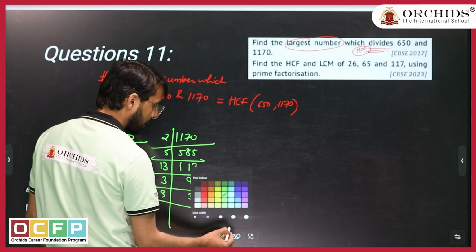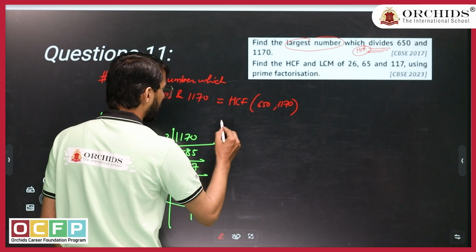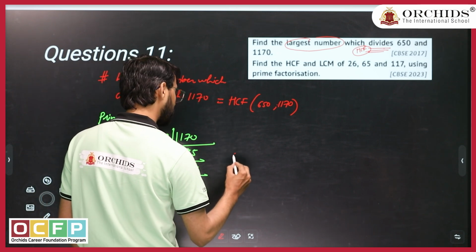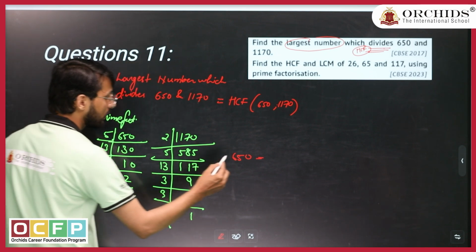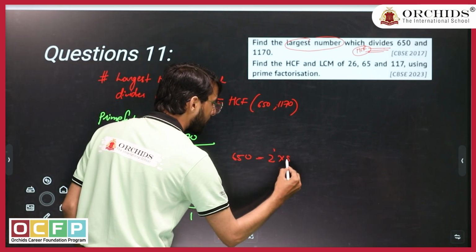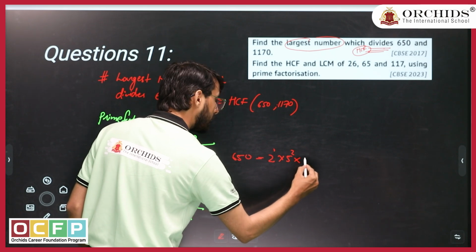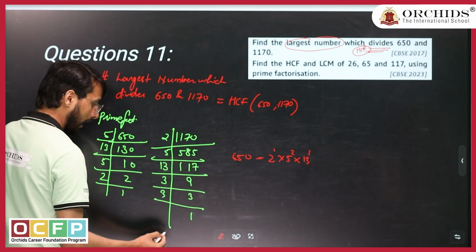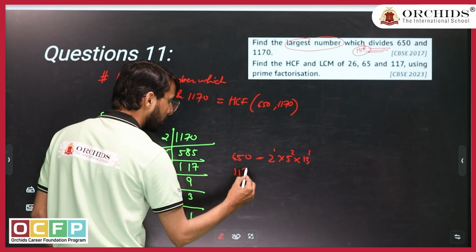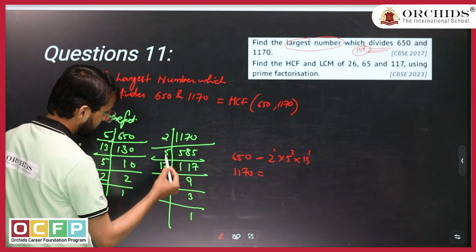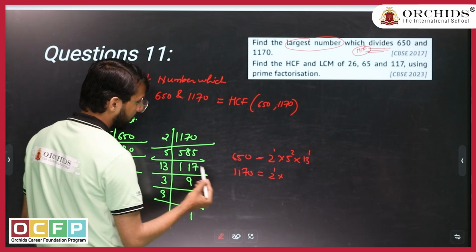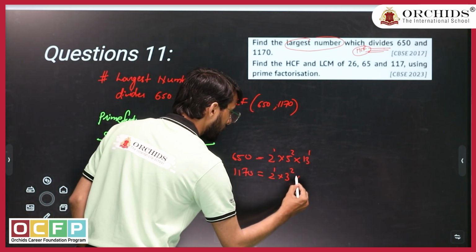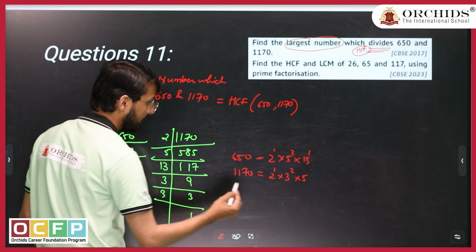So I can easily say that 650 I can write as 2 power 1 into 5 power 2 into 13 power 1, and 1170 I can write as 2 power 1, 3 power 2, 5 power 1 and 13 power 1.